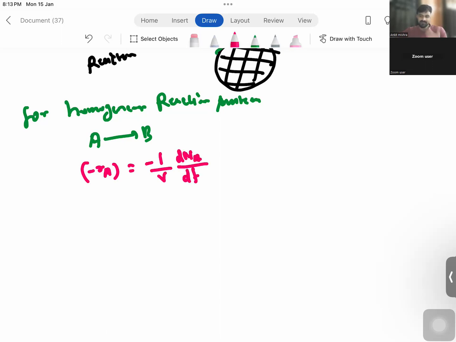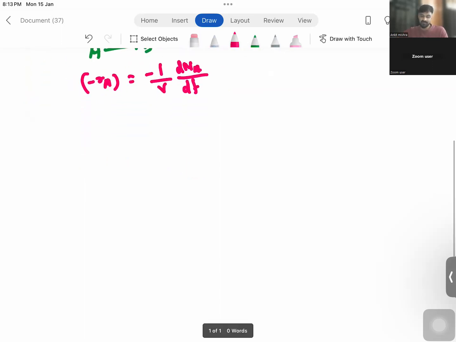So this was your rate of reaction in case of homogeneous reaction system. But when we talk about heterogeneous catalytic reaction system, various rates have been defined, and based on that we will calculate the reaction rate and the parameters that will be asked in the question.